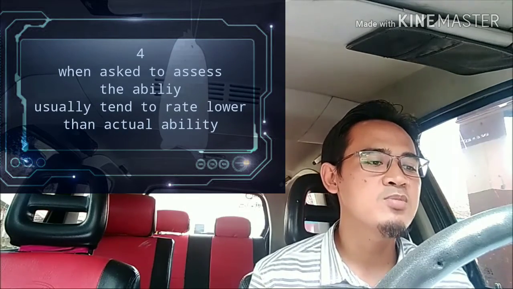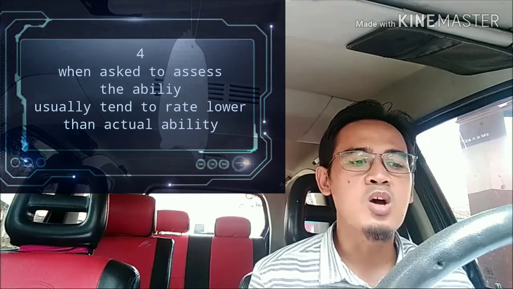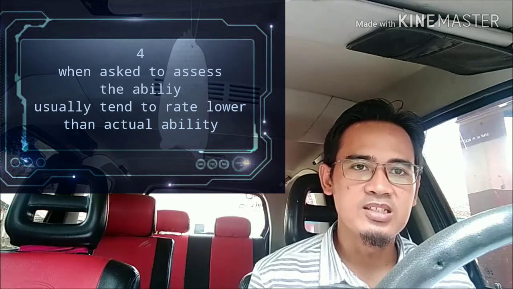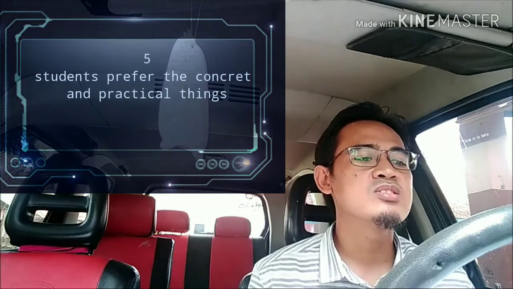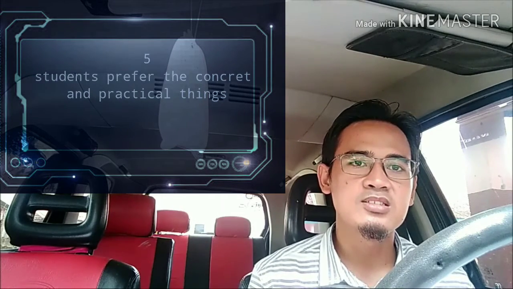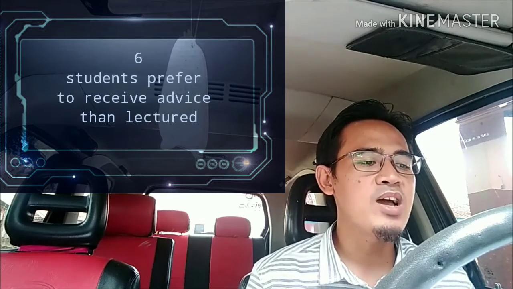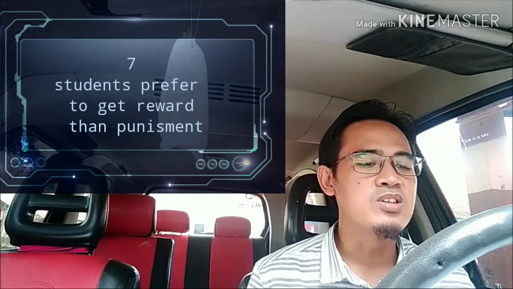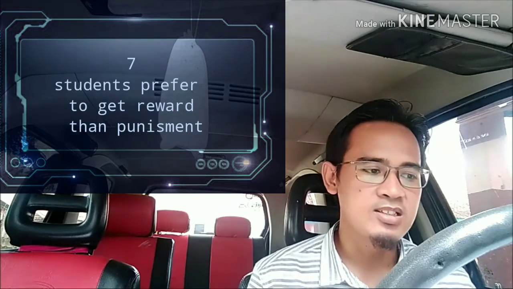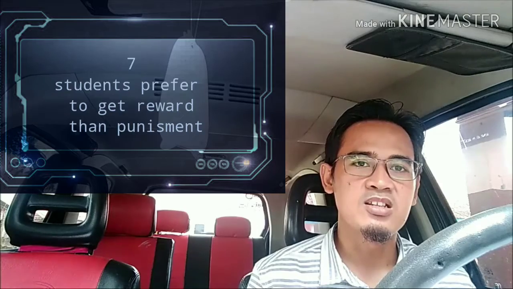Number 4, when asked to assess their own ability, students usually tend to rate themselves lower than their actual ability. Number 5, students prefer things that are concrete and practical. Number 6, students prefer to receive advice rather than lectures. And the last one, number 7, students prefer reward over punishment.